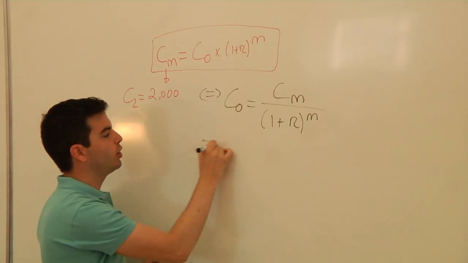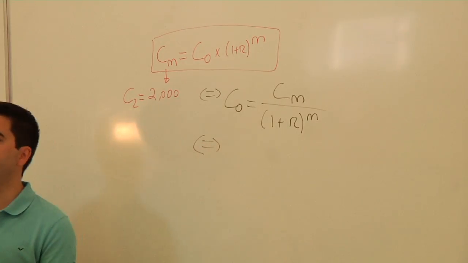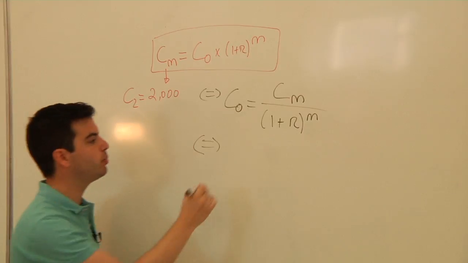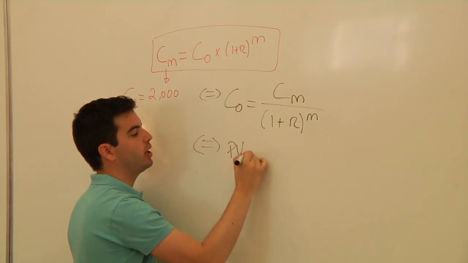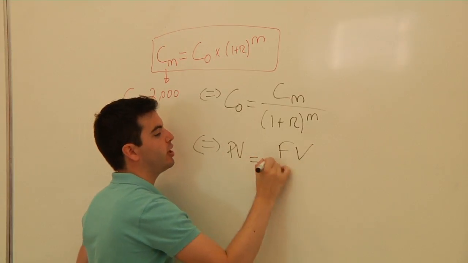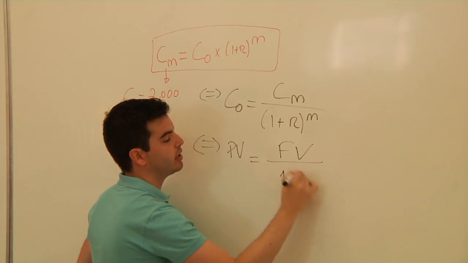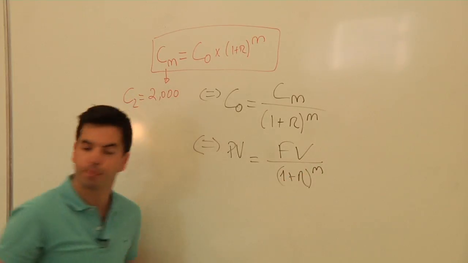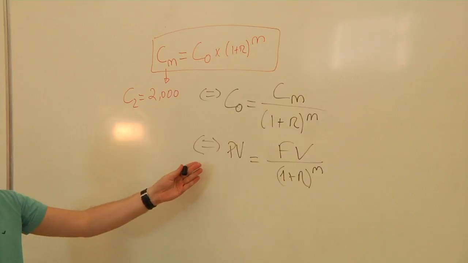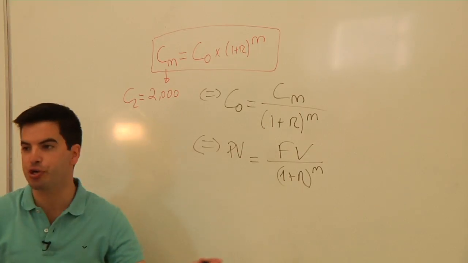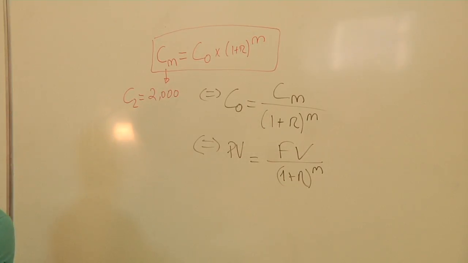Typically, when we are looking at this relationship, instead of being initial capital and future capital, it will be present value and future value, which is basically the same thing. Okay, so this is the relationship between present value and future value. So if you want to know how much should you have today in order to have 2,000 in 2 years, you simply use this formula.